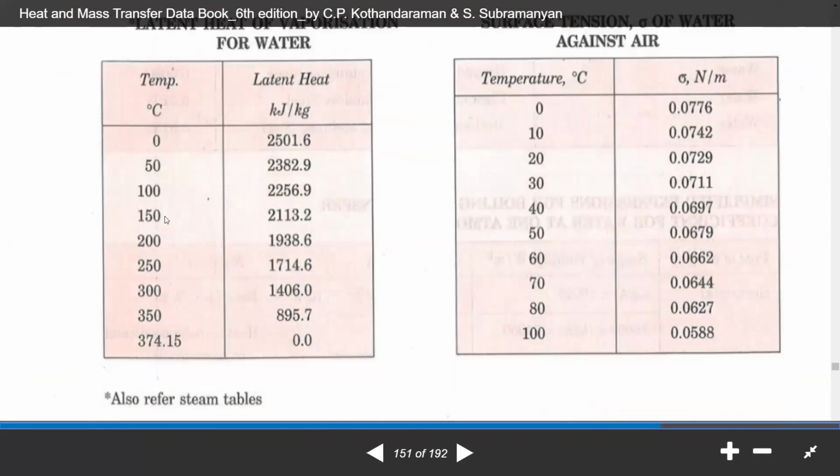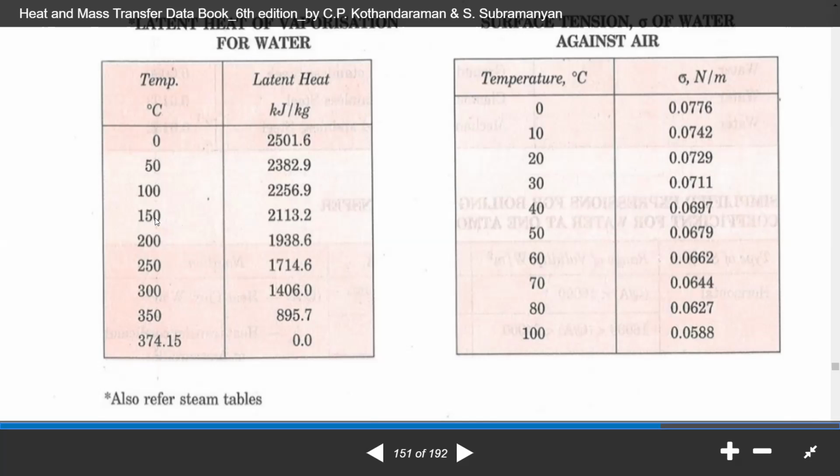Here we should get the value of latent heat at 120 degrees centigrade, but we don't have the value at 120 degrees centigrade. However, at 100 degrees centigrade it is 2256.9, and at 150 degrees centigrade the latent heat is 2113.2 kilojoules per kg.